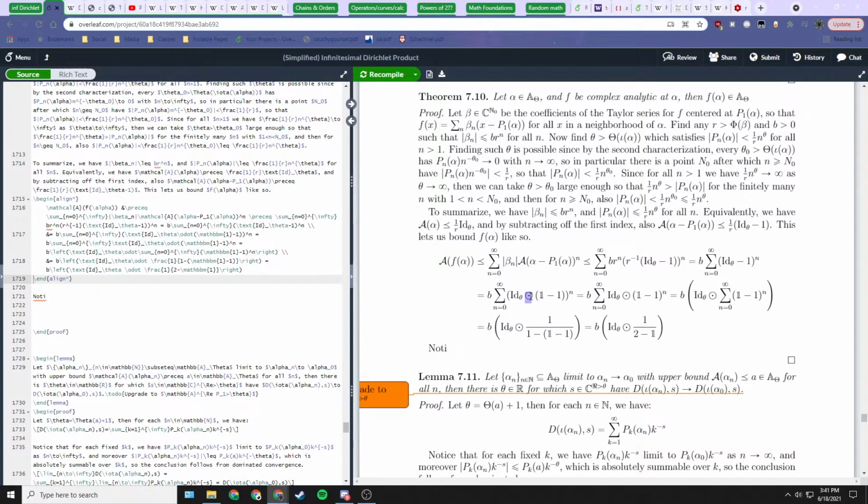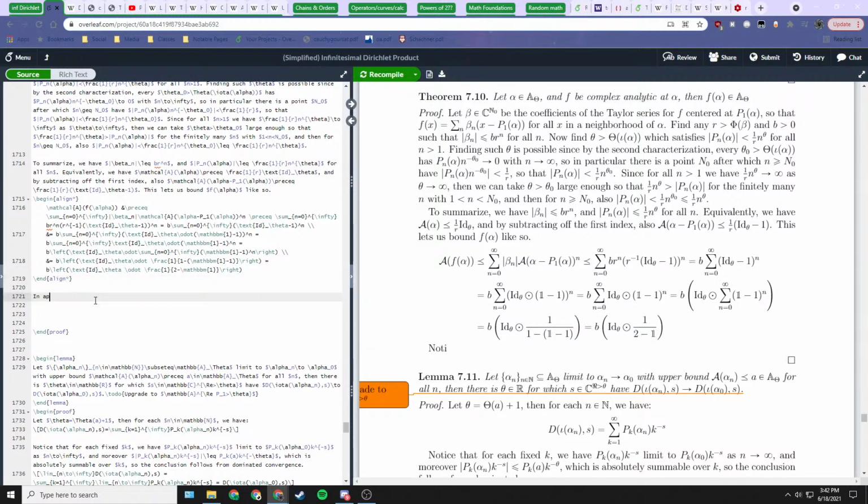Then because o dot is multiplicative, we can pull this out of this exponent. It distributes over products, so we get this. And then it distributes over sums, and it's continuous, so we end up with this. Then we just solve this as a geometric series, and this denominator simplifies to this. And then we're pretty much done.